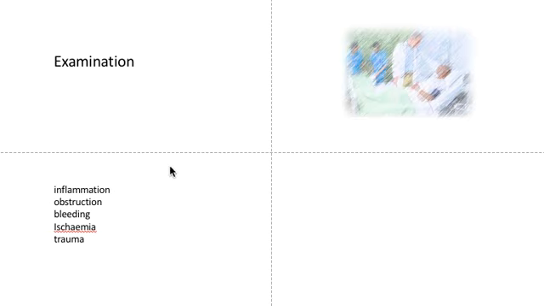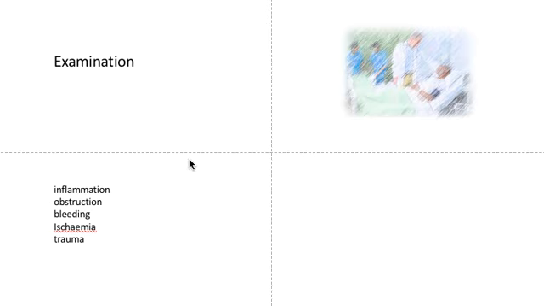So inspection, then palpation. In palpation, of course, you have to look for any organomegaly and those things. But the main important thing in acute abdomen is to look for tenderness, because significant tenderness is characteristic of inflammation.